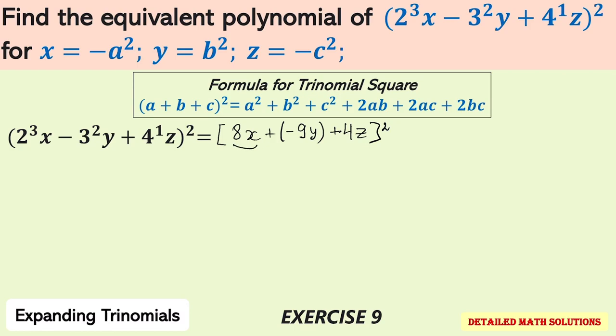This way, 8x corresponds to the a in the formula, negative 9y corresponds to the b in the formula, and 4z corresponds to the c in the formula.